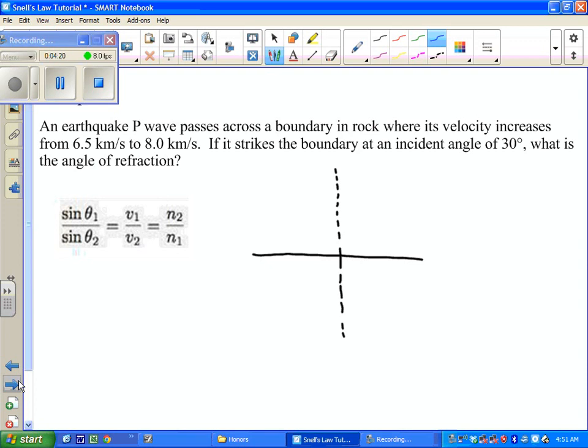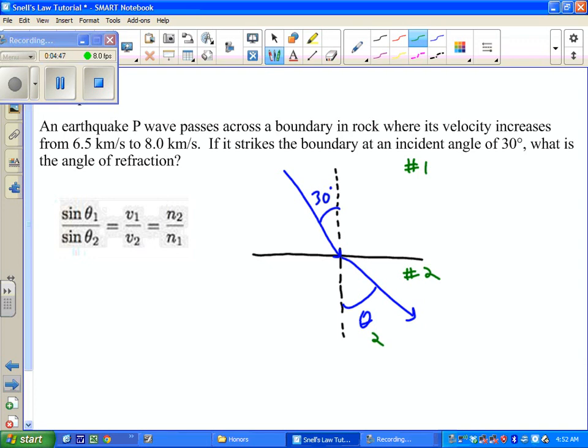It's coming in at a 30-degree angle. And we're trying to figure out this angle that it refracts. And we'll label this one medium 1, and this is medium 2. So because this is medium 2, this is our theta 2.